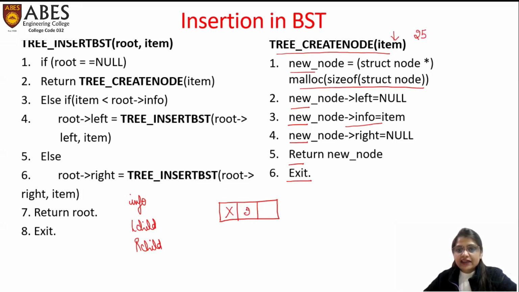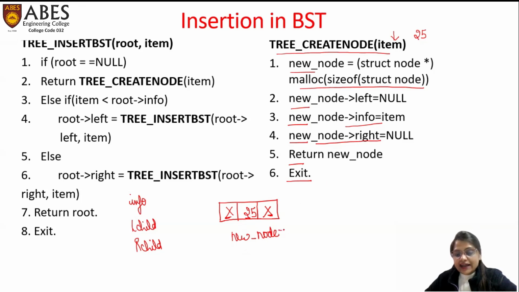So we will assign new node info is equal to item, which is 25, and the name of this node is new node. This will be the left child, this will be the info part, and this will be the right child. Then new node right is equal to null. We will assign the new node's right child as null. Then we will return this new node.